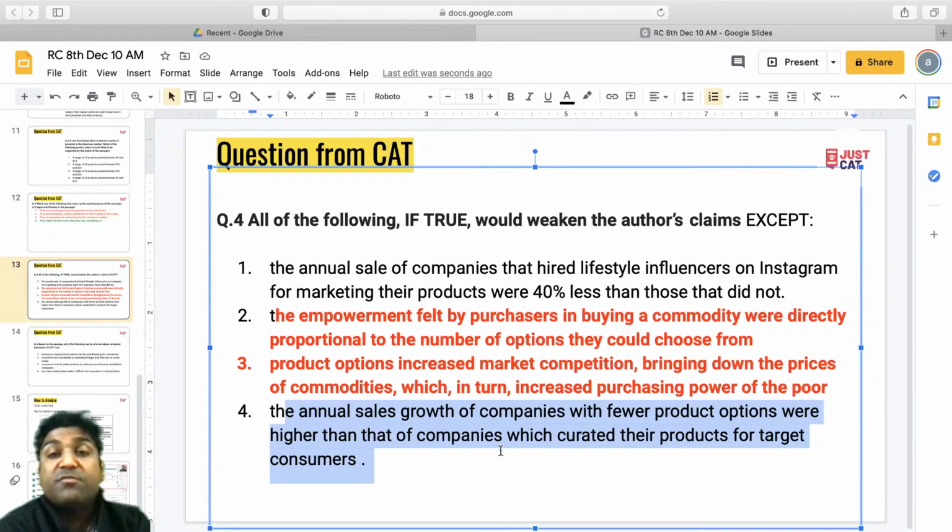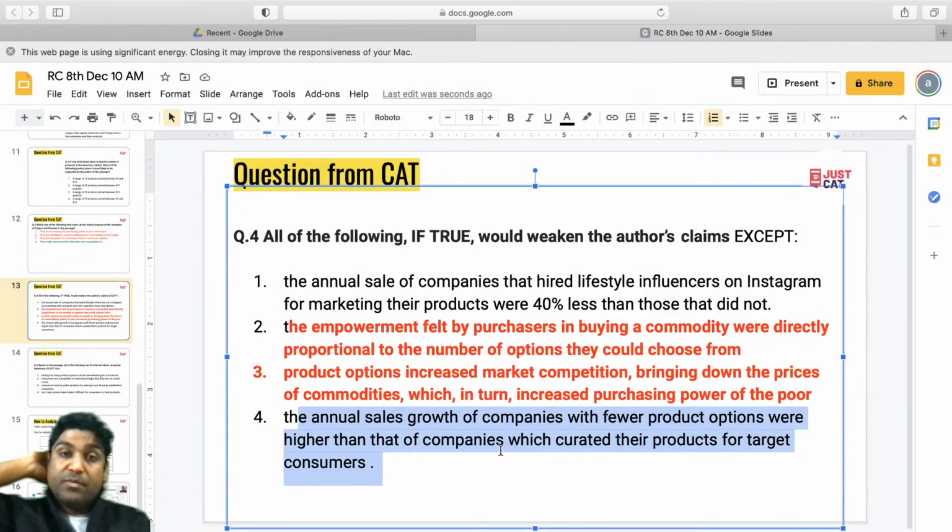This would also weaken the claim, because they had mentioned that the sales growth of companies with fewer product options was higher than that of companies which had many products.